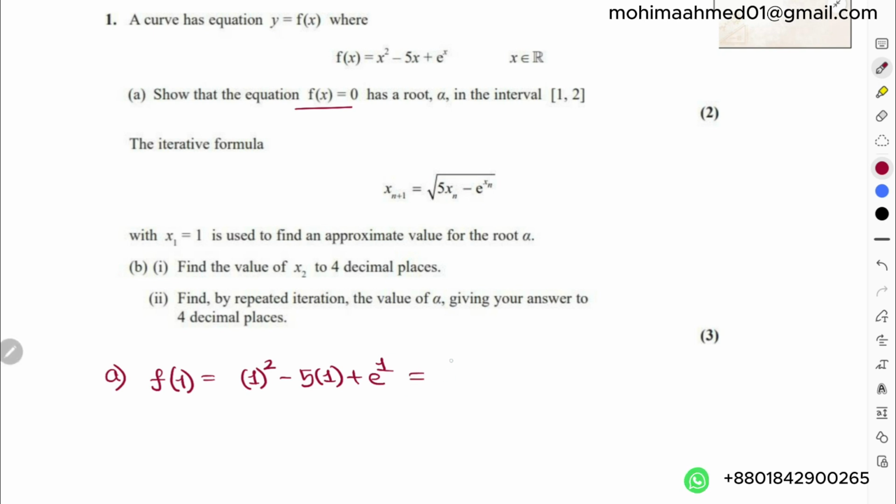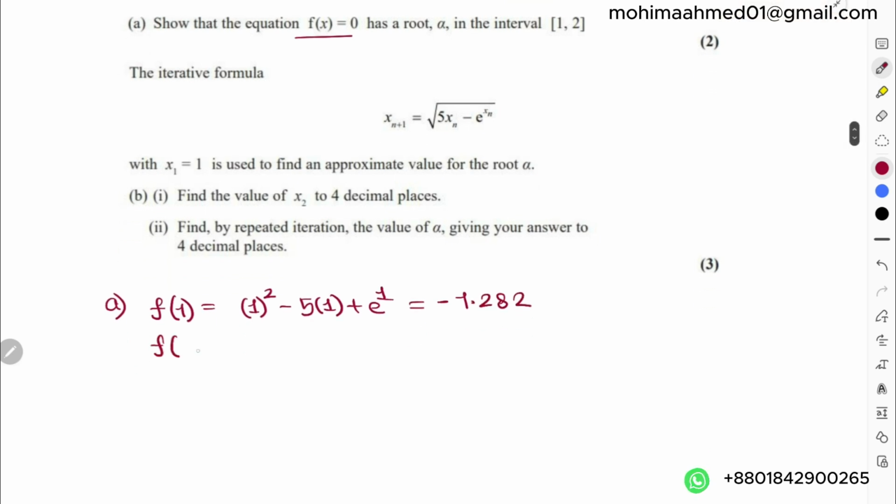There you get your answer as negative 1.282. And for your f2, if you calculate 2 squared minus 5 times 2 plus e squared, 2 squared is 4, minus 10 plus exponential squared. That leaves you with 1.389.